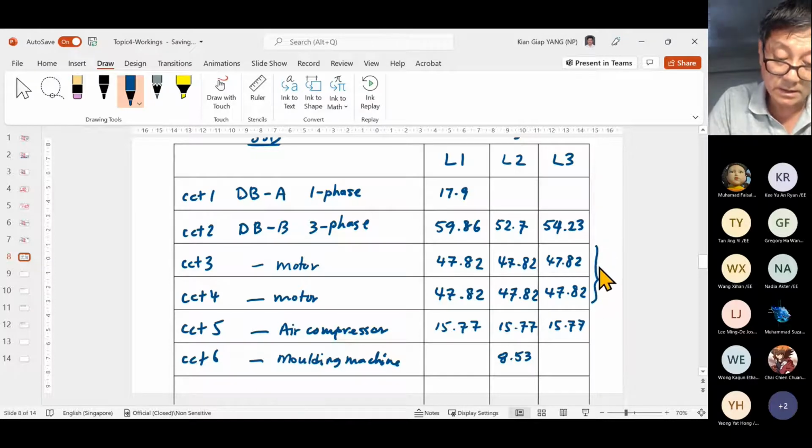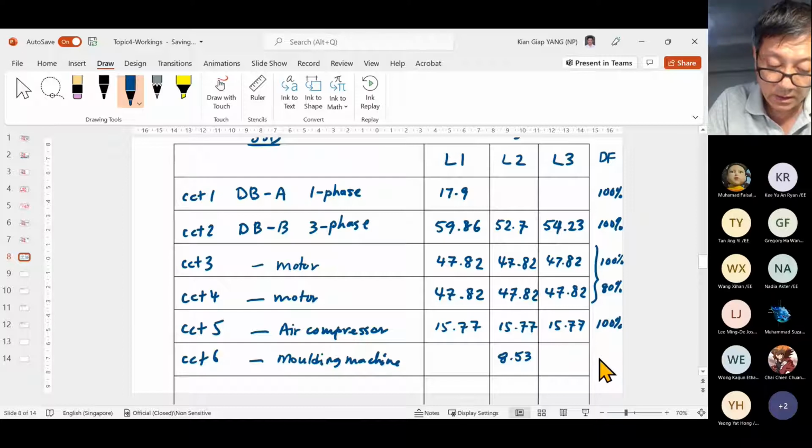If I want to apply, this is the diversity I will use. 100%, 80%. Okay, diversity factors. This one no need already, applied already. So this one I will use 100%. This one I will use 100% because only got one circuit. This one also I will use 100%.